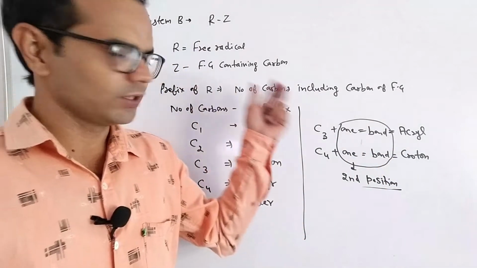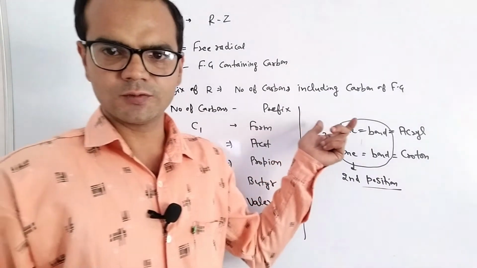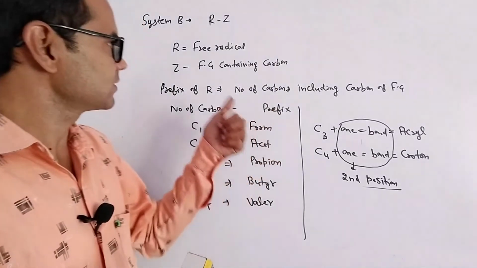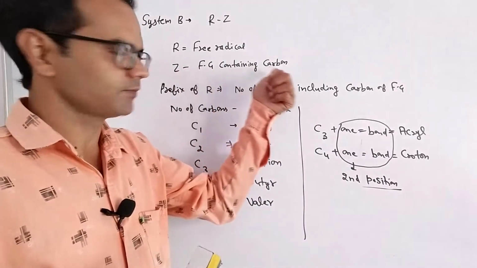And now how to give the suffix to the functional groups? That is the prefix part. Now we need a suffix of Z, the functional group containing carbon.